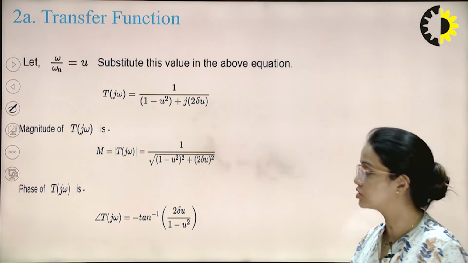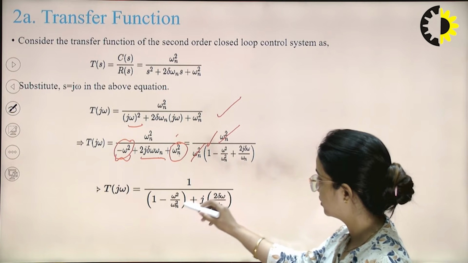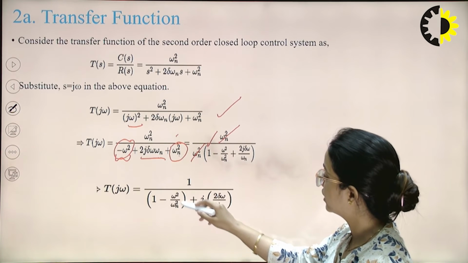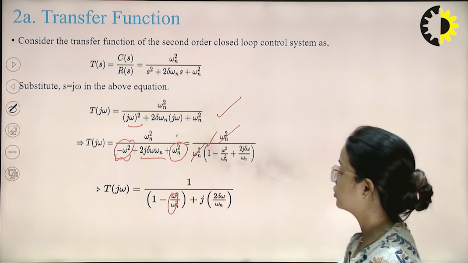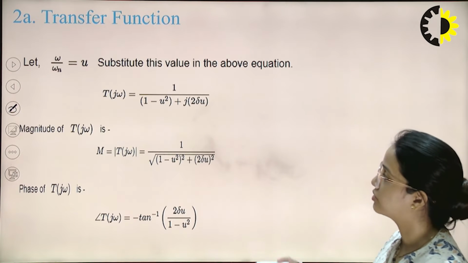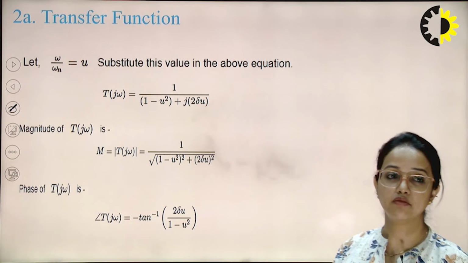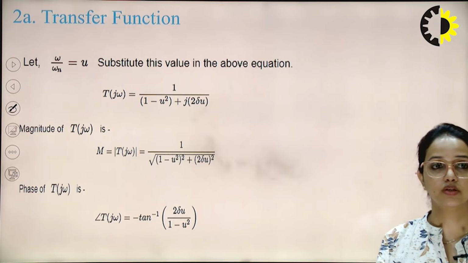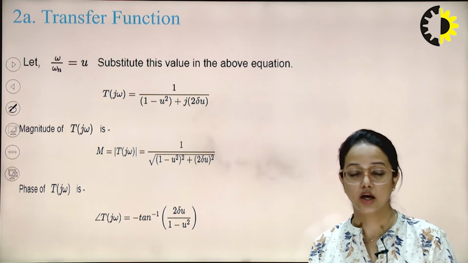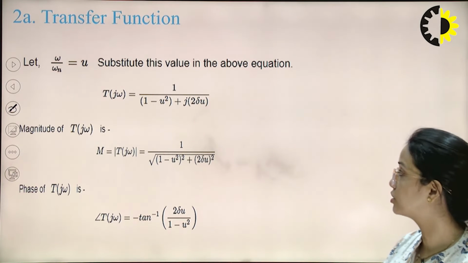Now we can substitute this complete thing omega by omega n as u. So we can write T(j omega) as equal to 1 upon 1 minus u square plus j 2 zeta u.